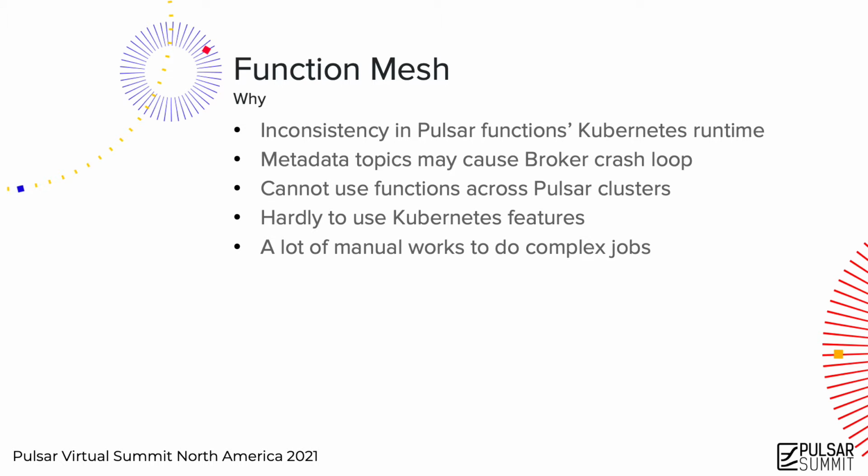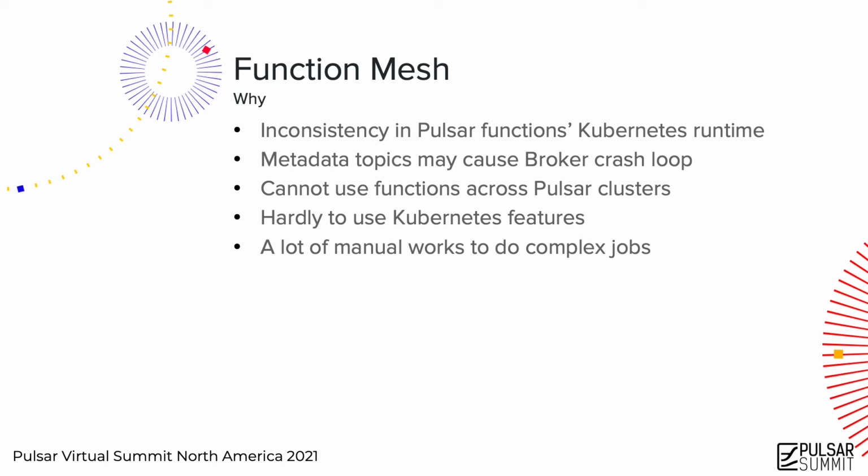This may cause an inconsistency between metadata and the running state. Like the stateful set running Pulsar functions can be deleted from Kubernetes while Pulsar is not notified. Also, the existing implementation for storing function metadata may cause broker crash loops if the function metadata topics are not available.